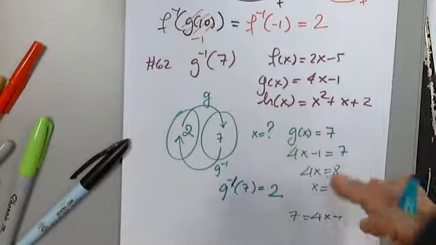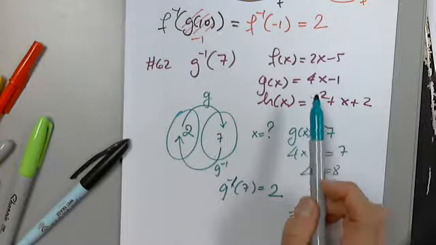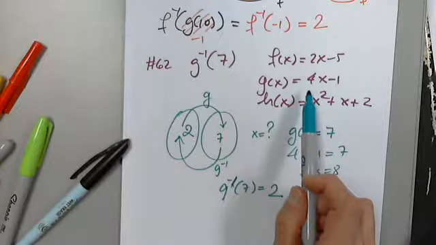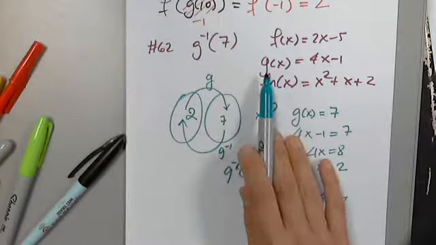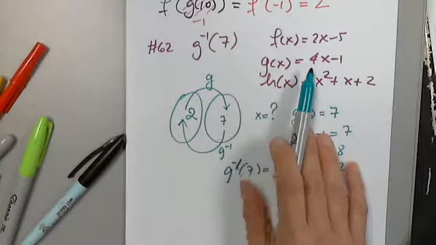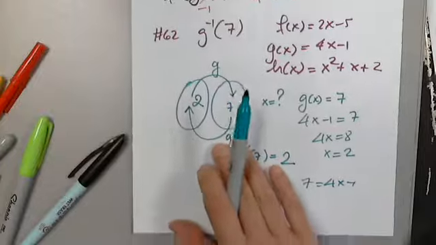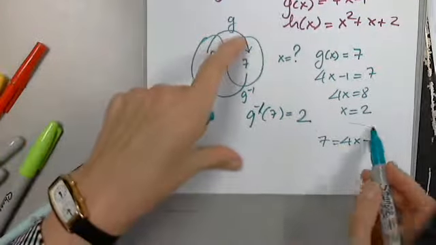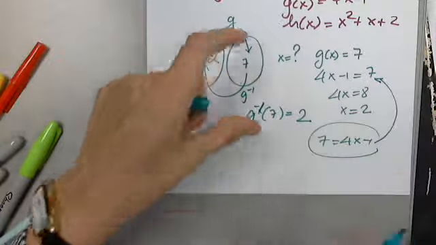So you wanted to plug in, but you don't have the inverse function of g. You have to determine the inverse function. Yeah, but you know what g of x is. It's 7. Okay, but how is this different from this?